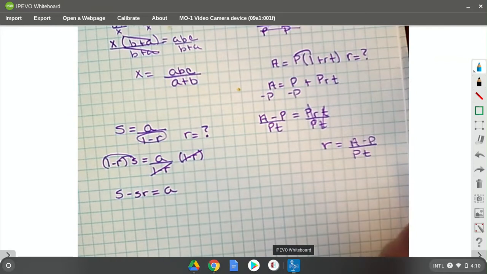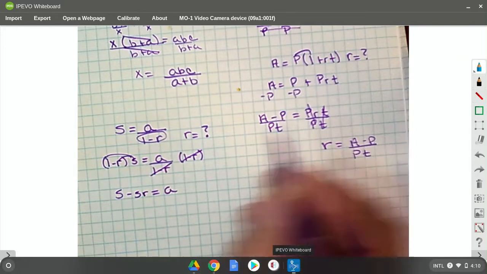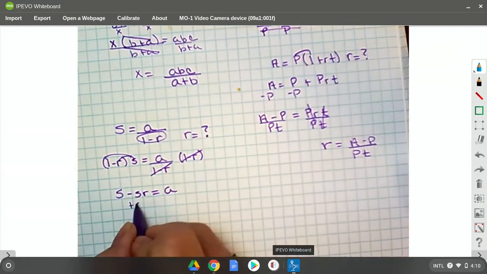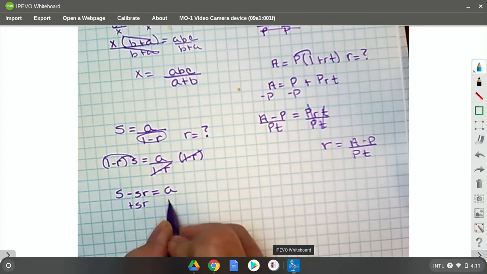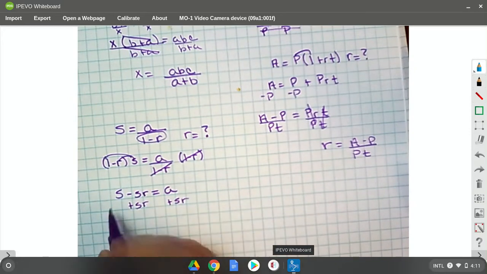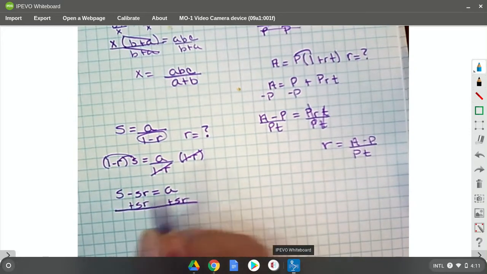Okay. Then let me get this SR on this side. There are so many different ways you could do this.